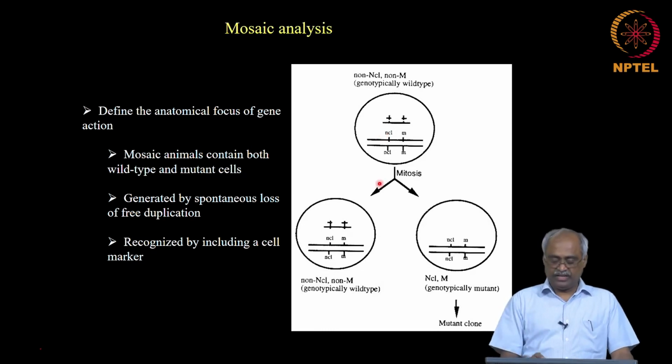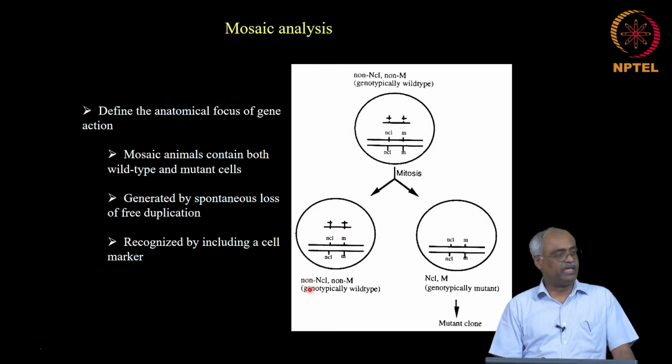So, now after mitosis some cells will maintain the duplication, and as a result you will say that is wild type because it is non NCL.